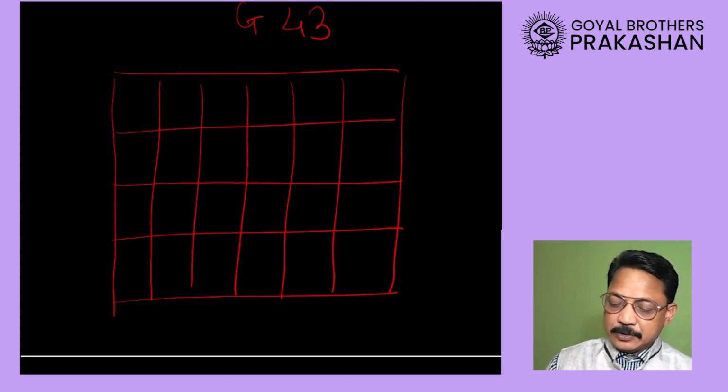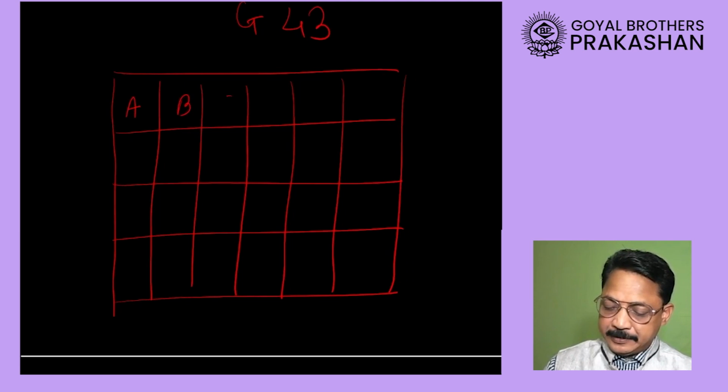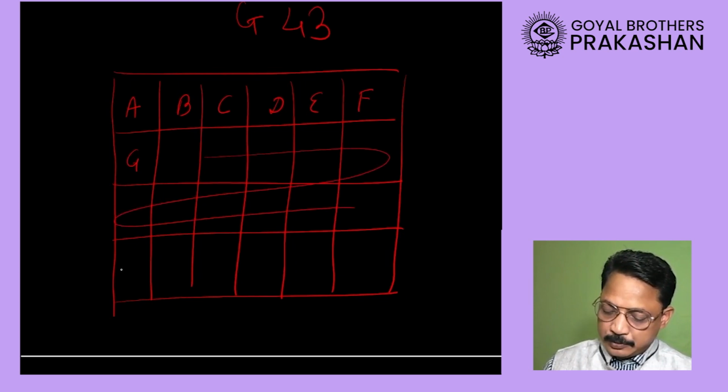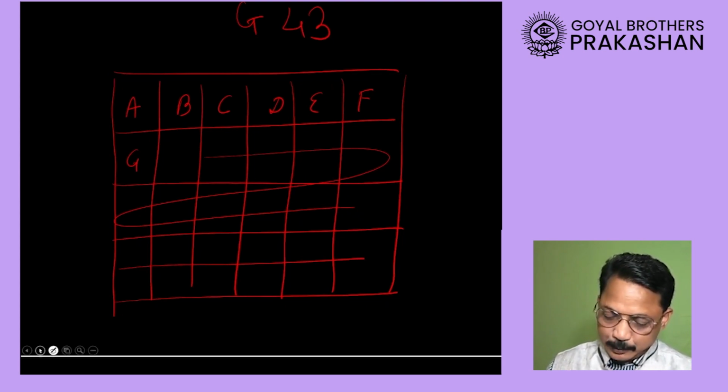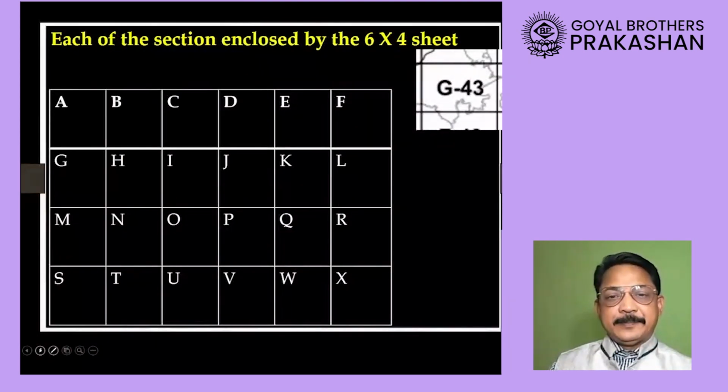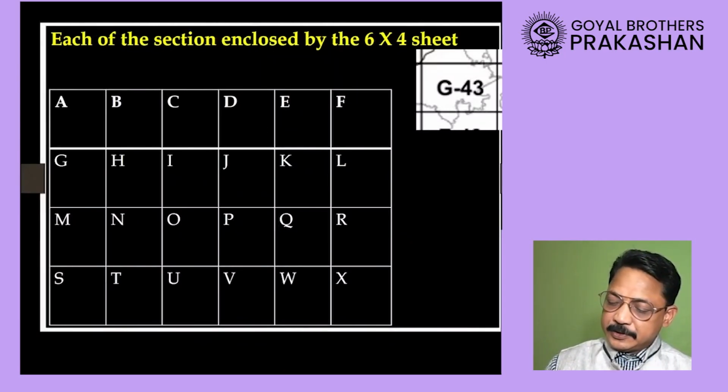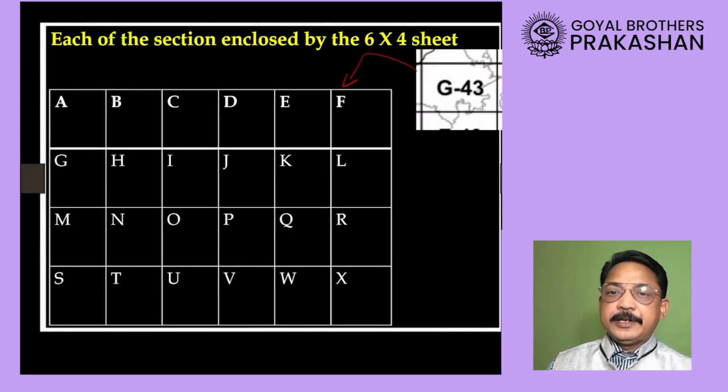Now let us assign alphabets to them. When I start from here, A, B, C, D, E, F, G. That way I have to give alphabetical names to each of the grids, and once we do that, it will appear this way. So this is a section of G43.